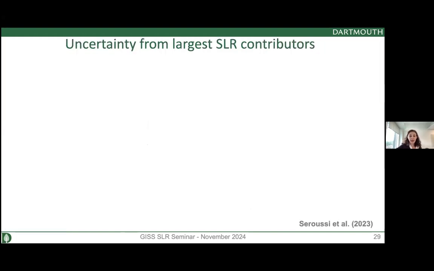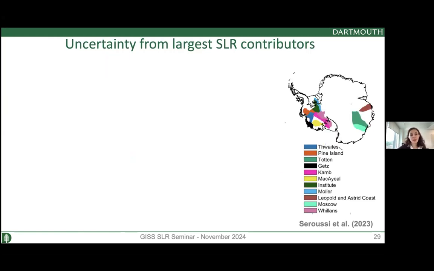We can look at that for a few more glaciers, using the 11 glaciers that have the largest contribution to sea level by 2100. And so these 11 glaciers are mostly in West Antarctica, unsurprisingly, as well as Totten, Moscow, and Leopold and Astrid Coast.